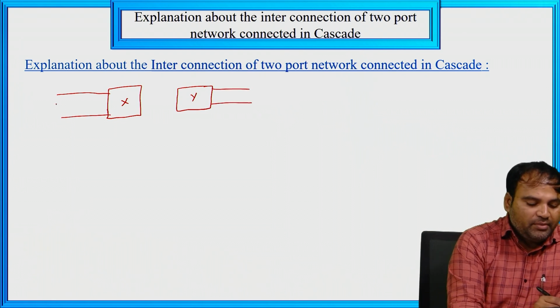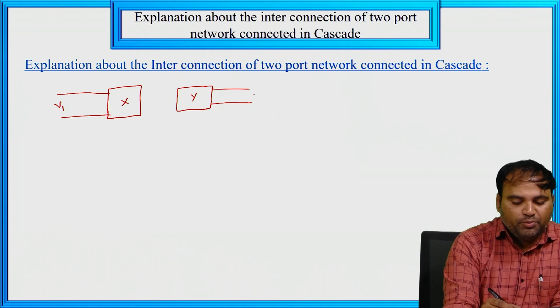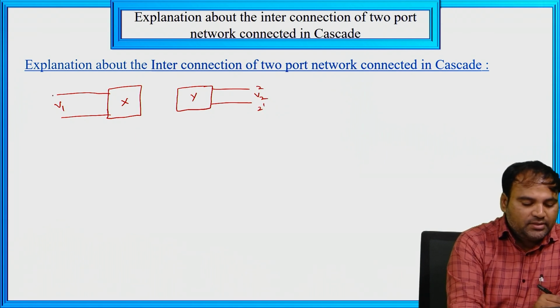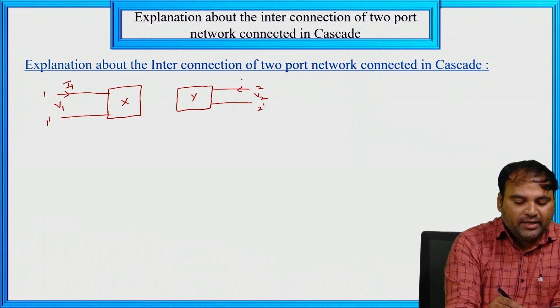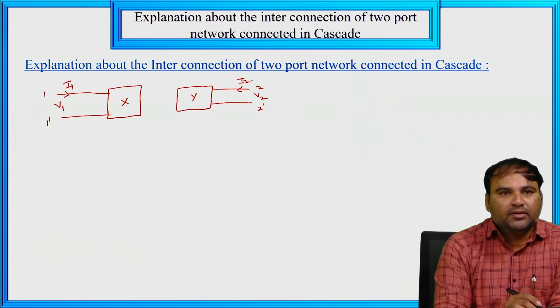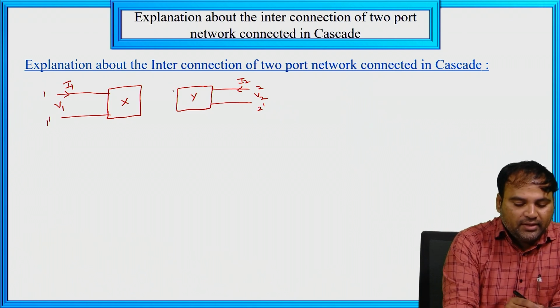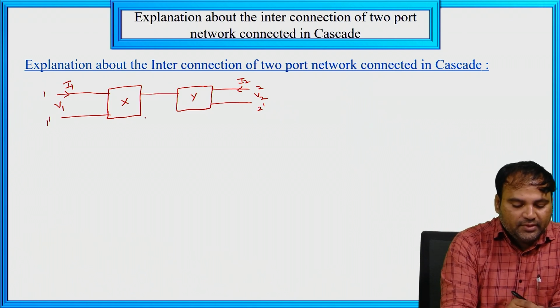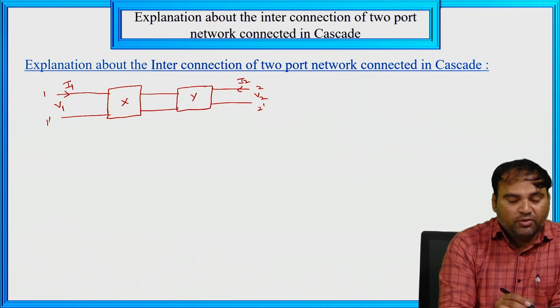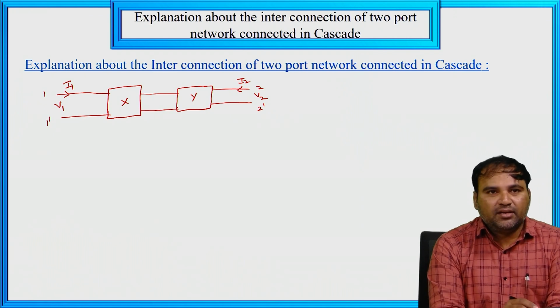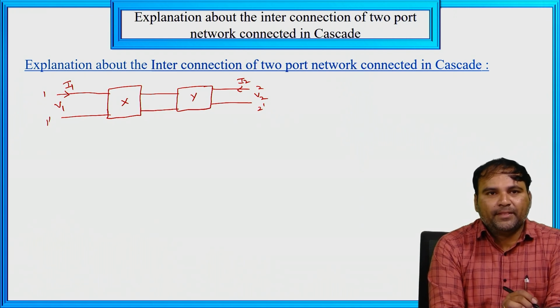The input voltage is V1 and the output voltage is V2. This is 2 dash and this is 1 dash. The input current is I1 and the output current is I2. Now for the X network, connect these 2 points and also these 2 points. This is the cascade connection or back-to-back connection.